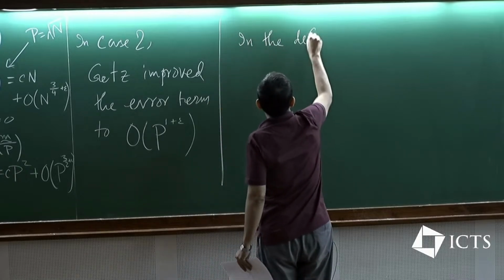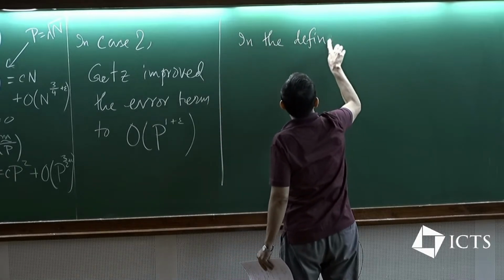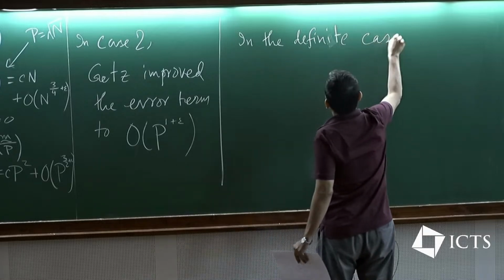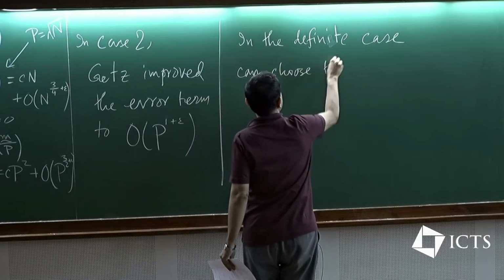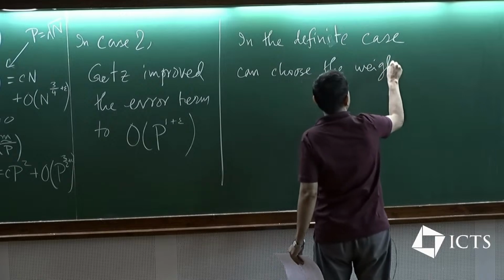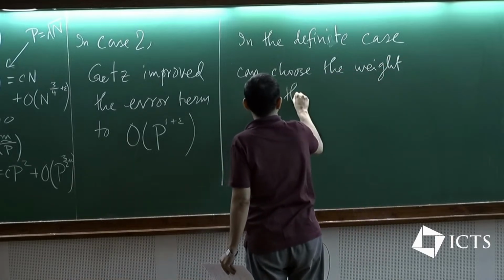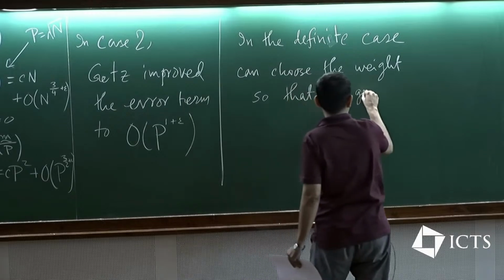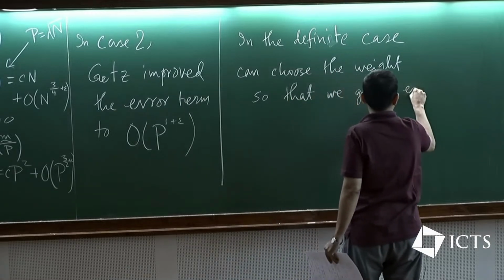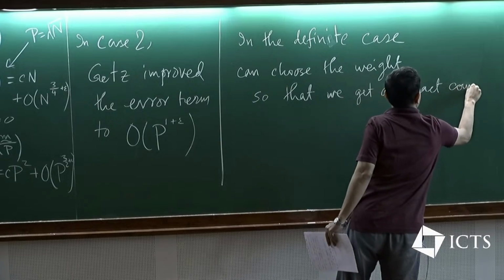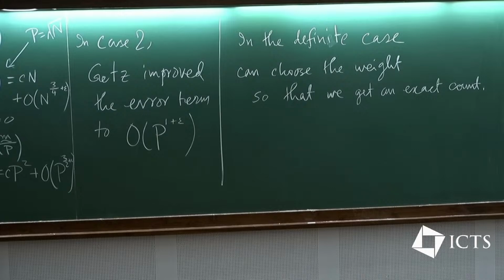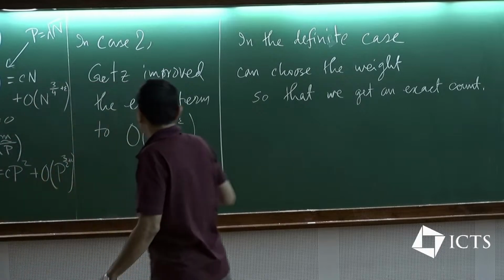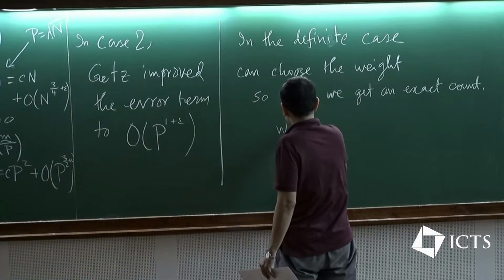we are in a happy situation because we can remove the weight. We can choose the weight so that we get an exact count. Meaning, we can have a situation like this. That is explained at the very end of Heath-Brown's paper, that you can take a weight of this form.